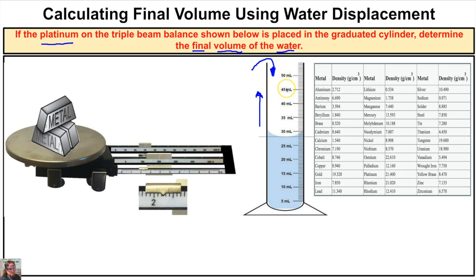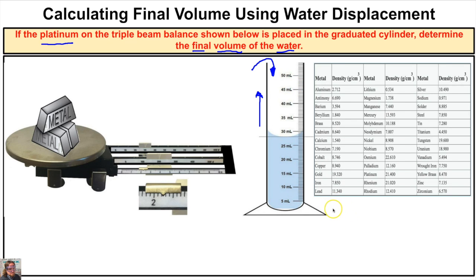And so what we need to determine is the final volume of the water after we place this metal in here. So what we really have to do is figure out the volume of this metal. If we can somehow figure out the volume of this platinum, well, then we can figure out the increase in the water level in this graduated cylinder and determine the final volume.